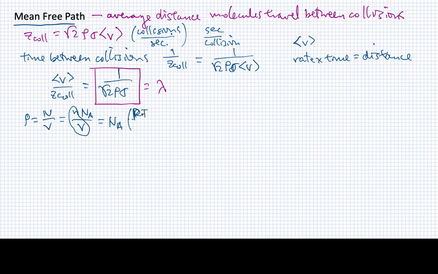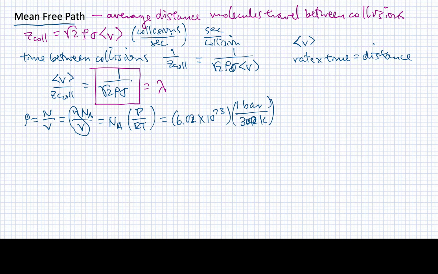P over RT. Oh, I've made a big mess of this. Let's grab our eraser, erase all of that, and now we can do P over RT. Okay, so if I use something like 6.02 times 10 to the 23rd for Avogadro's number, I use 1 bar for P, and I'm going to use 300 Kelvin for T. So just room temperature.